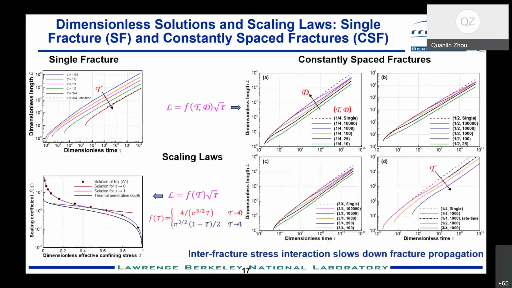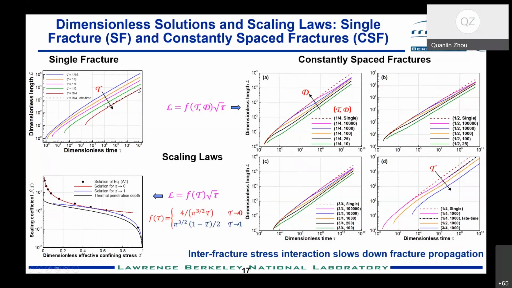Now we have the solutions for single fractures, constant spacing fractures, and dynamic spacing fractures. For single fractures, the solutions are all these profiles or type curves with time. At late time, the profiles are indeed like a straight line.